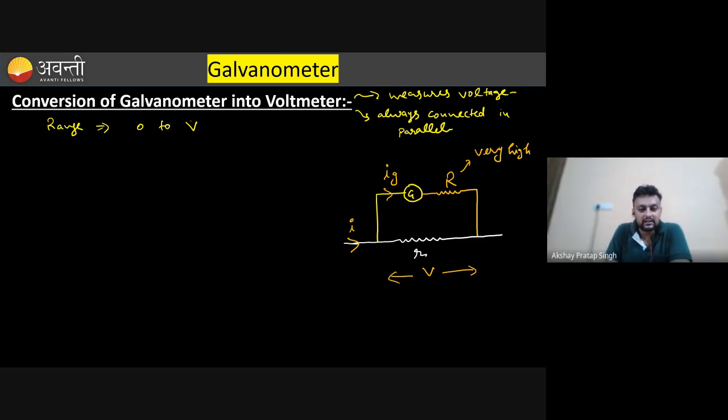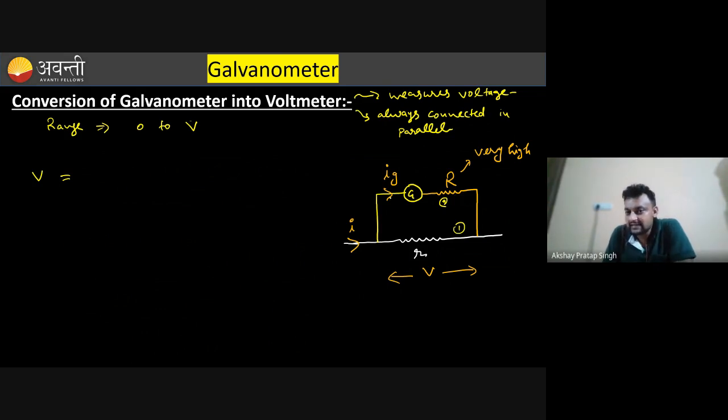Again, you can see that these two branches, named 1 and 2, are parallel to each other. And if these two branches are parallel, the potential across them will be equal. So you can write that potential across branch 1, V, should be equal to potential across branch 2.